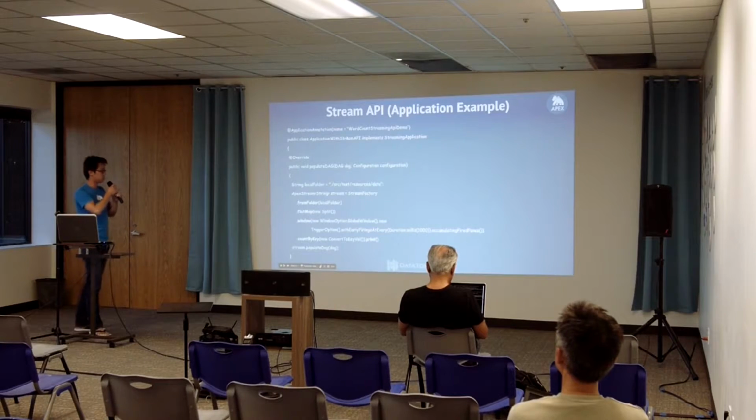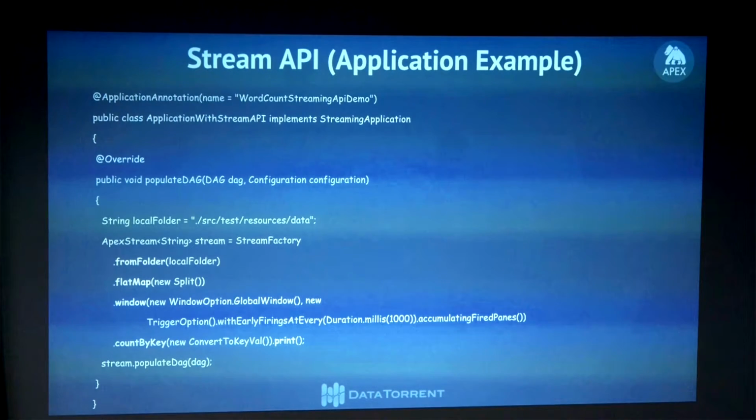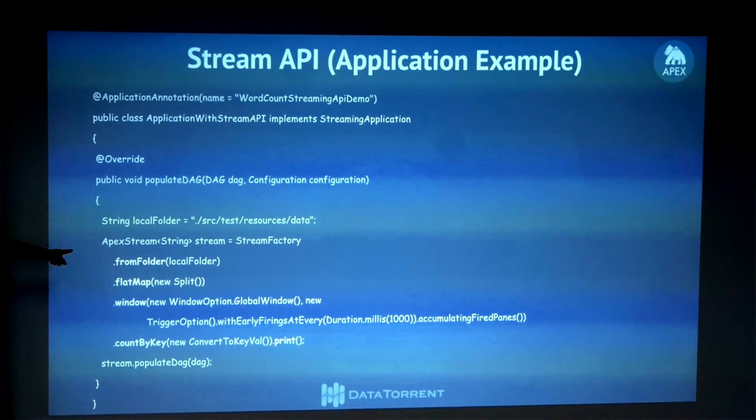So here's a WordCount example of using the high-level API, the Stream API. As you can see, this application compared to the old one is very clear about what it does. It has some top-level methods, like from folder, flat map.